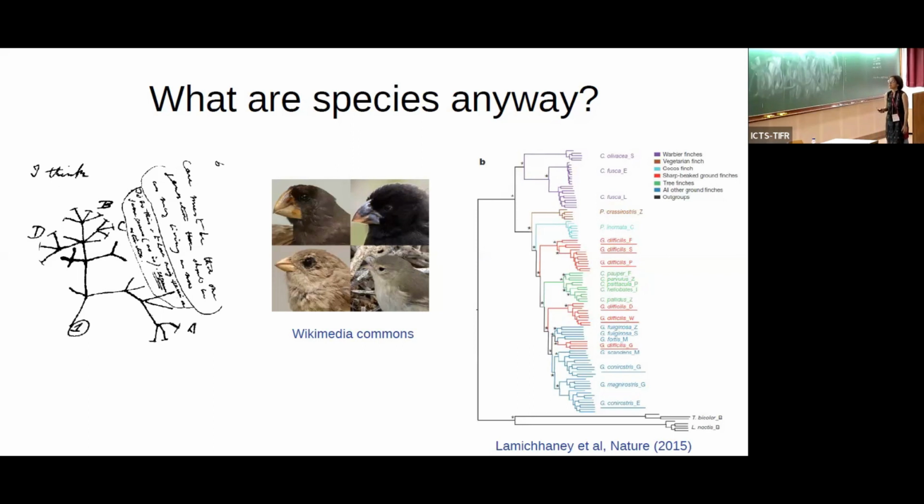And then, of course, these kinds of species or subspecies are now studied using genomic data, giving rise to some kind of phylogeny. So this is a phylogeny of different finches on the Galapagos.